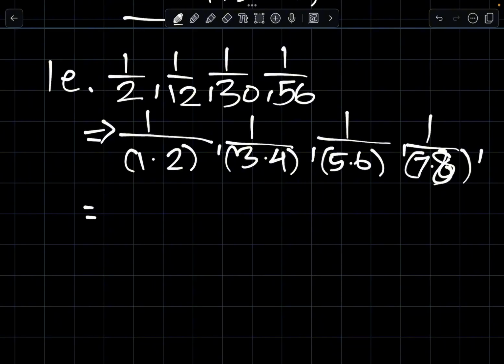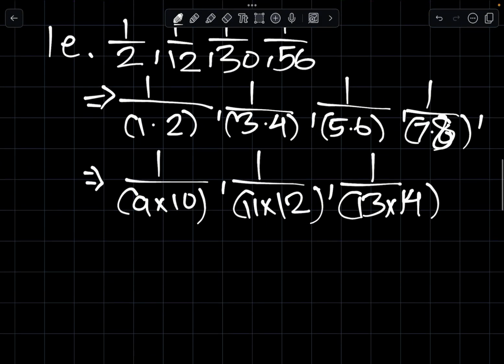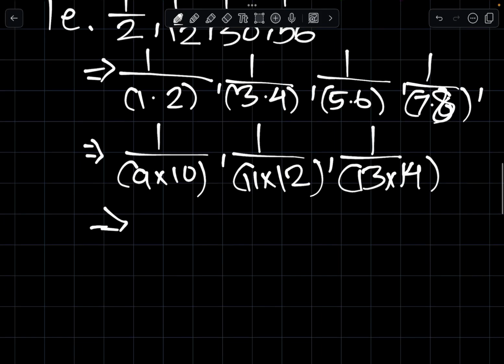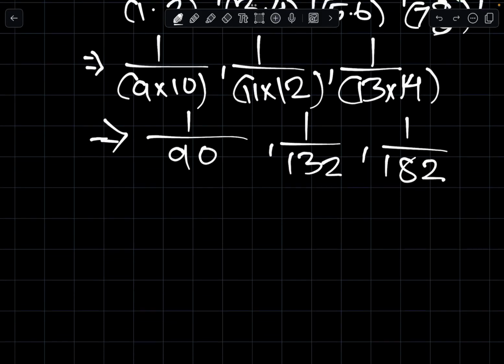So we know the next three terms are going to end up being 9 times 10, 1 divided by 11 times 12, and then 1 divided by 13 times 14. And then when we simplify this, it gets 1 over 90. Let's see, 1 over 132, and then 1 over, I think that's 182. Yep, okay. Scroll down a bit.